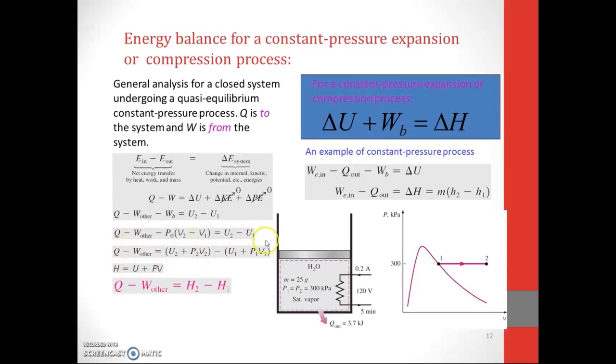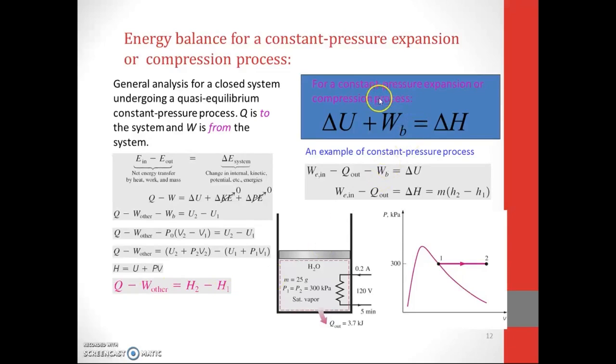When we rearrange, we have this equation, and you know that U plus PV equals enthalpy. Remember? So you have H2 minus H1 here. Therefore, Q minus work other, which means your work shaft just now, equals H2 minus H1.